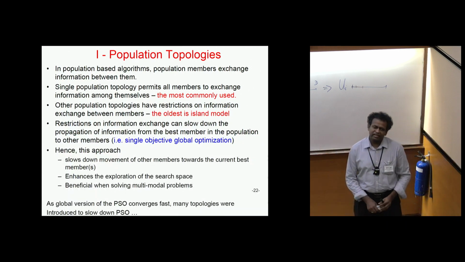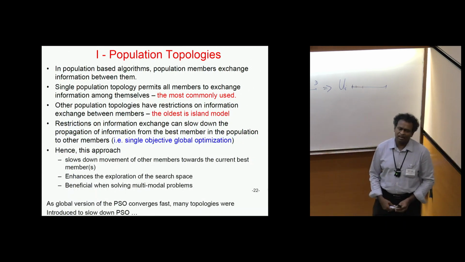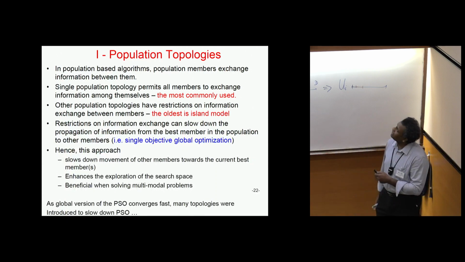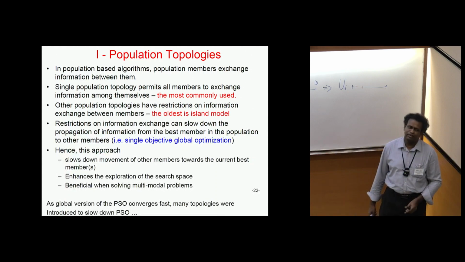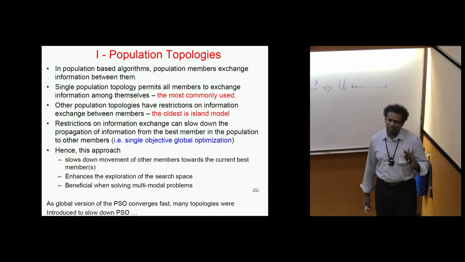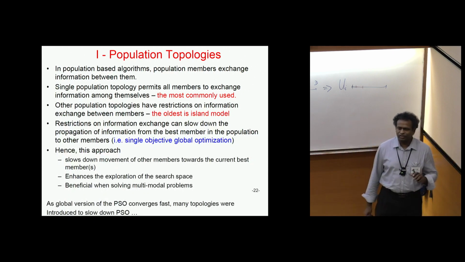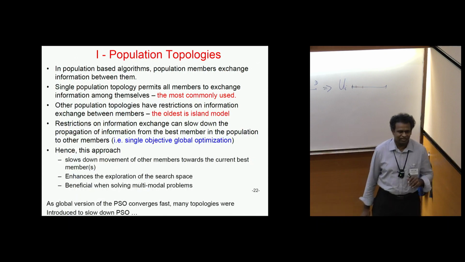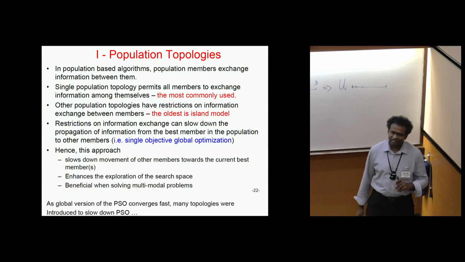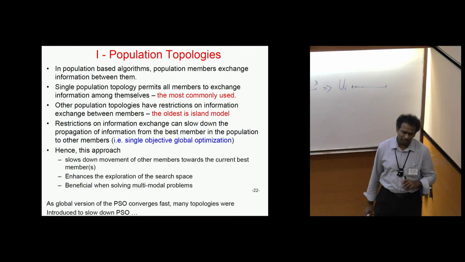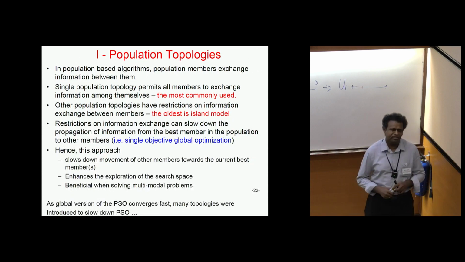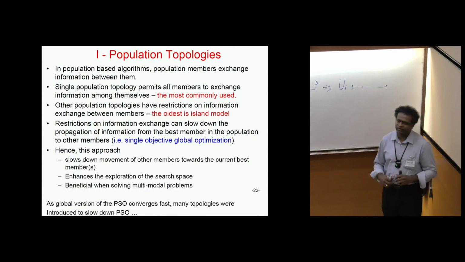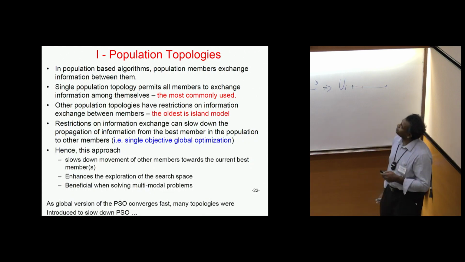By looking at these real valued optimization problems, I feel that population topologies are very useful. I think population topology was mentioned by some others also, maybe yesterday. The neighborhood relationships and all those things were mentioned yesterday in one of the talks as well.